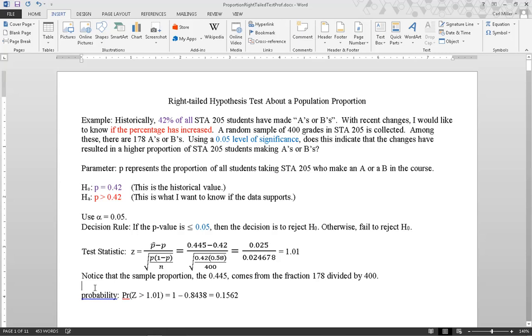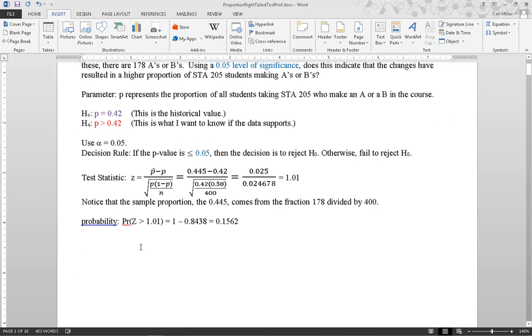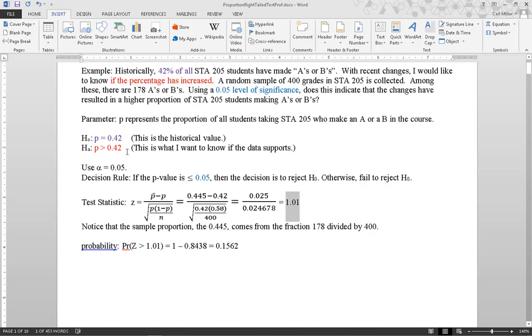Next, we want the probability. Now the probability is going to be the chance we get the observed value or one more supportive of the alternative hypothesis, one that would make me even more strongly believe the true population proportion has increased. So we're going to the right of the z-score we found.